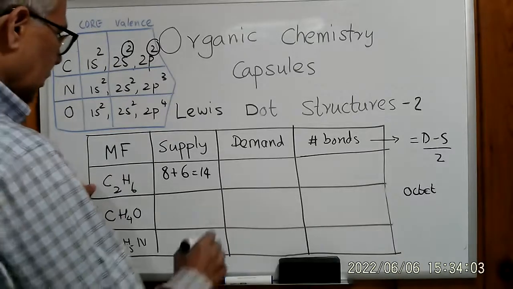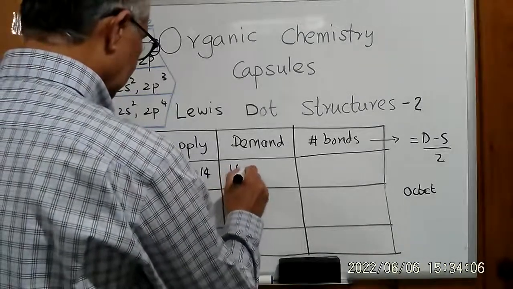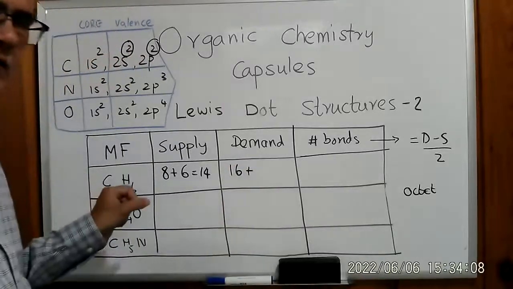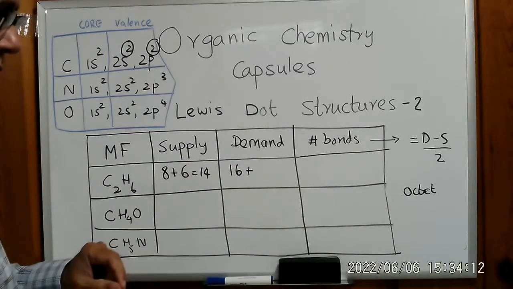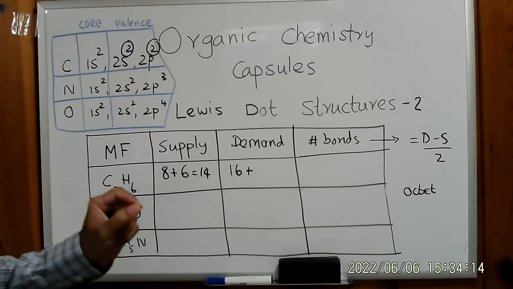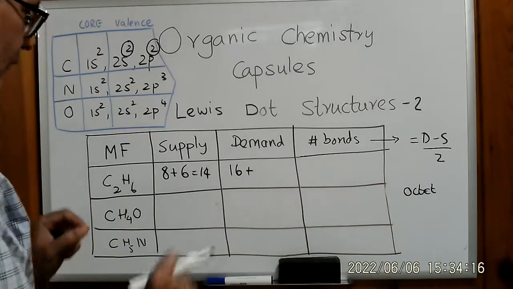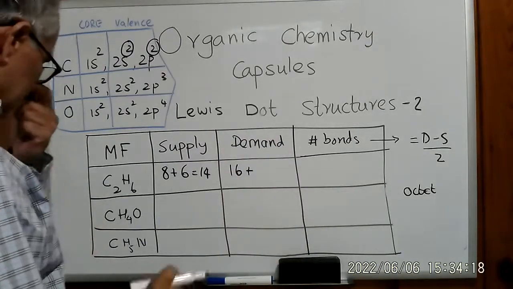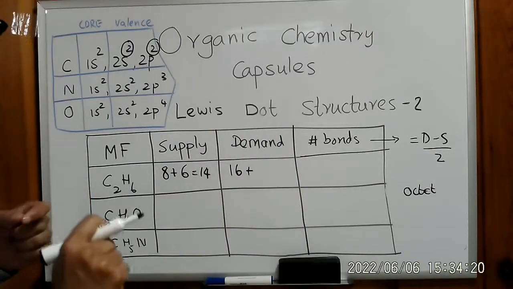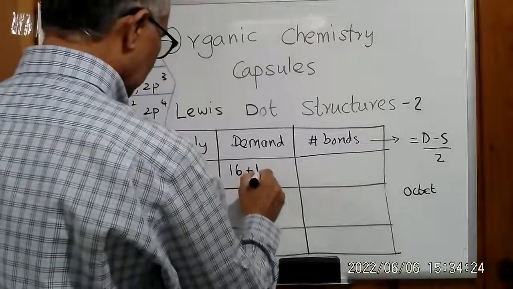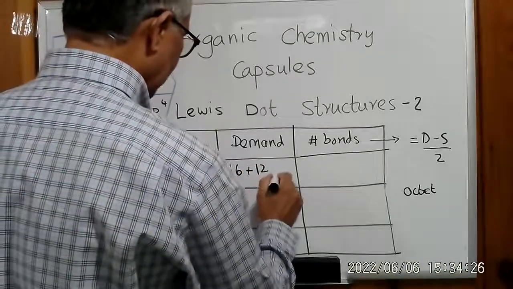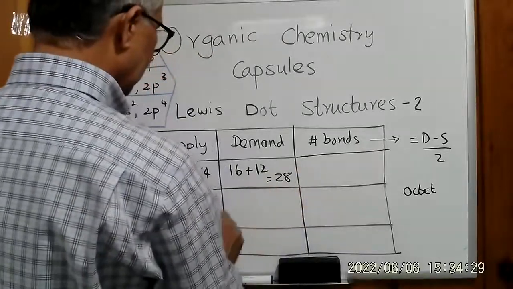There are 2 carbon atoms, so 8 times 2 is 16. Similarly, a hydrogen atom requires 2 electrons around itself, so it becomes like helium. There are 6 hydrogen atoms, so totally 12 electrons. So the demand is 28 electrons.